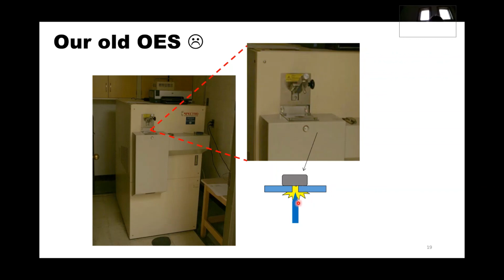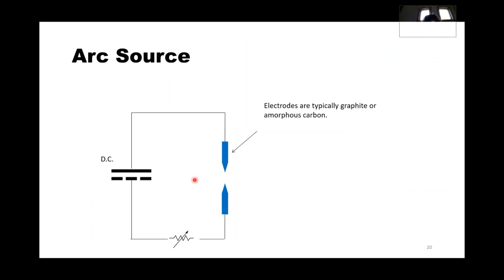You'd then spark it, vaporize a very small portion, and this part in here would have a spectrometer. We have a portable OES in the department, but I've not been able to take a photograph of it, so this is our old OES. I actually miss it. It was a lot of fun. For the arc source, the electrodes are typically graphite or amorphous carbon. It's a direct current power source. It just zaps it. It's kind of cool.